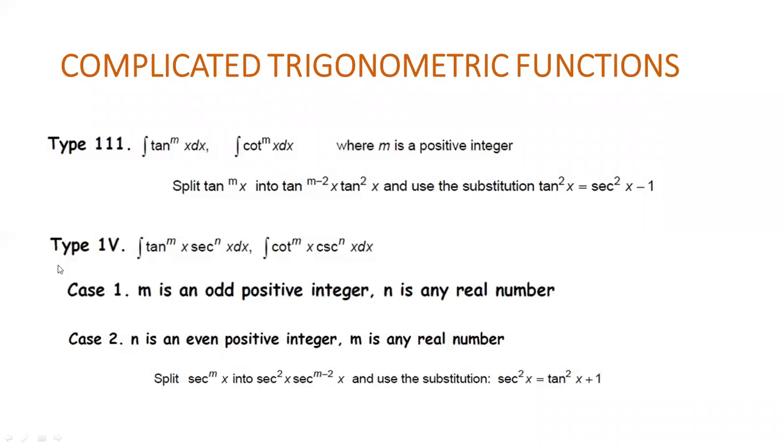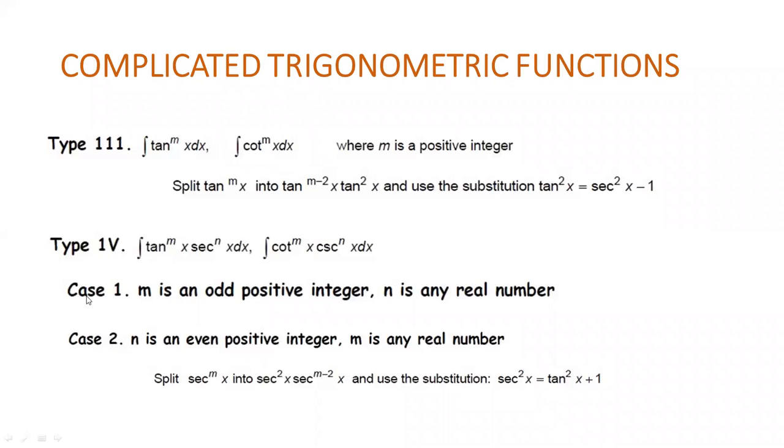And this is type 4. This is similar to type 2, wherein this time, your integral consists of a product of two functions. In the case of type 2, it's sine and cosine, a pair of the two. In here, it's tangent, secant, and cotangent, cosecant.